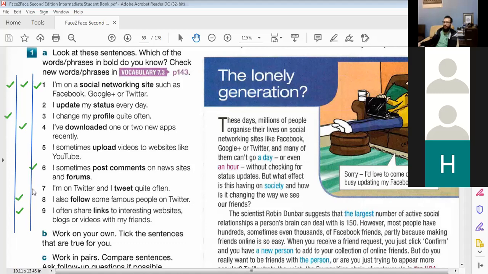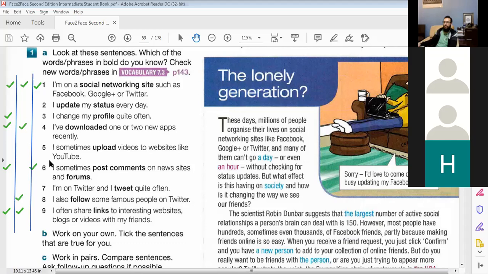I've downloaded 1 or 2 new apps recently. I sometimes post comments on news sites and forums. I often share links to interesting websites, blogs, or videos with my friends.